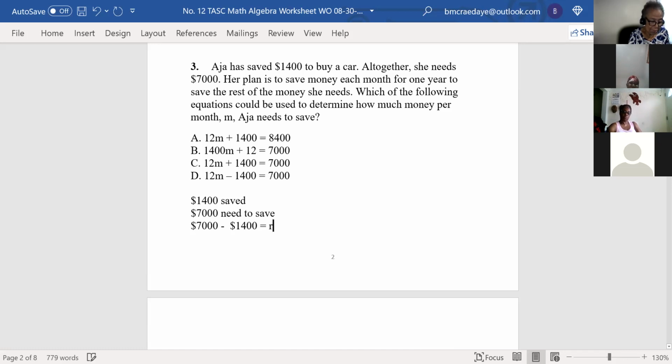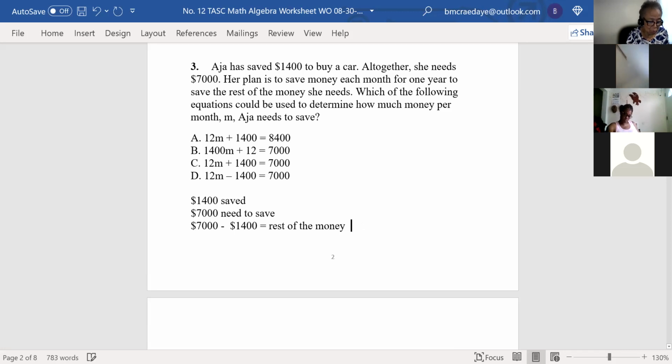7,000 minus 1,400 would be the rest of the money. That's how much additional she needs to save, right? Now, she's saving that over a year. So how many months are in a year? 12.